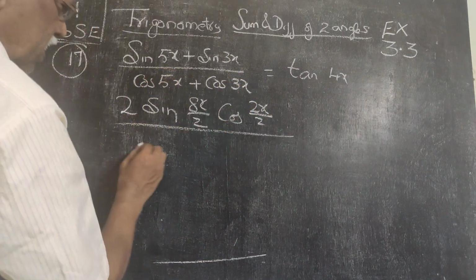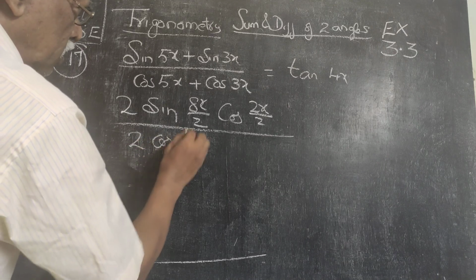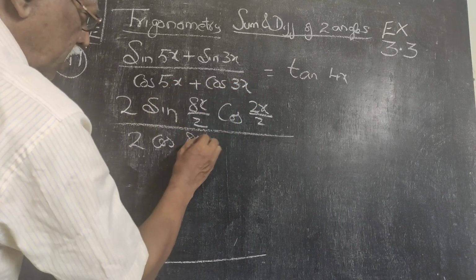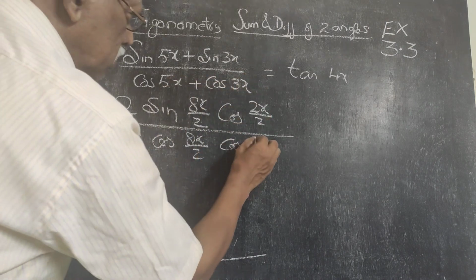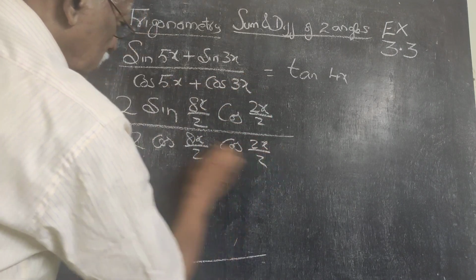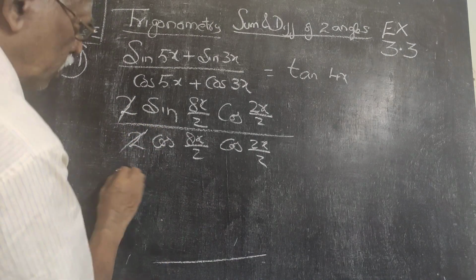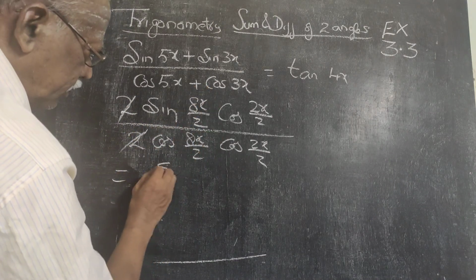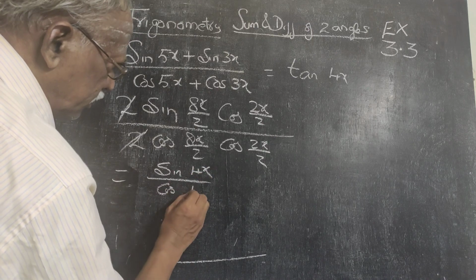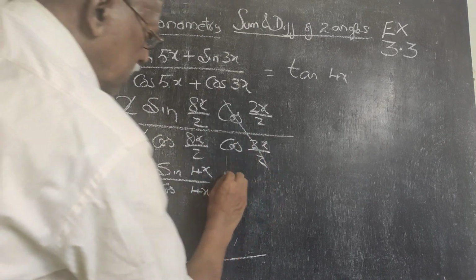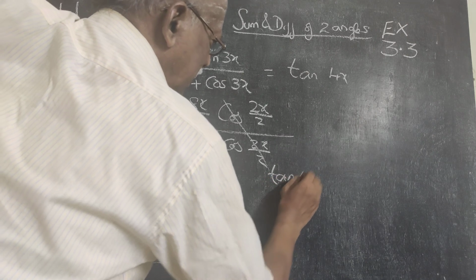Cos x plus cos y: 2 cos of (5 plus 3) 8x by 2, again cos of (5 minus 3) 2x by 2. The result is that this gets cancelled. We have sin 4x divided by cos 4x, and this gets cancelled, which is nothing but tan 4x.